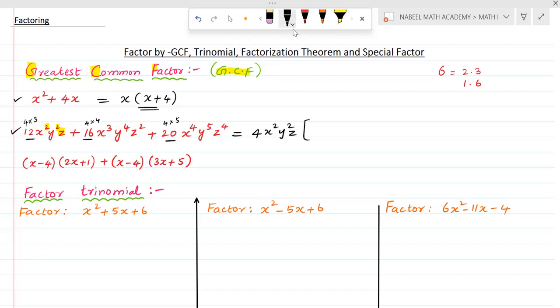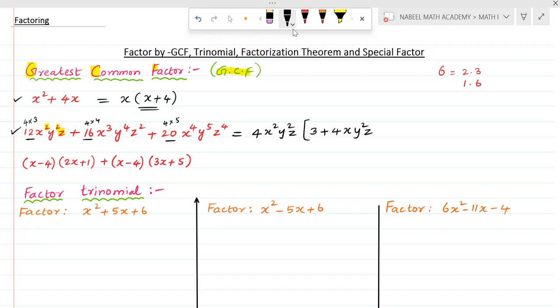If I take it outside, what is the remaining term here? So you will have remaining 3, only the 3 term, because everything else we have taken outside. Plus, here 16, 4 outside, the remaining is 4. The next term, x power 3, x square outside, 1x is remaining. And y power 4, y square is taken outside, y square is remaining. Here is z.